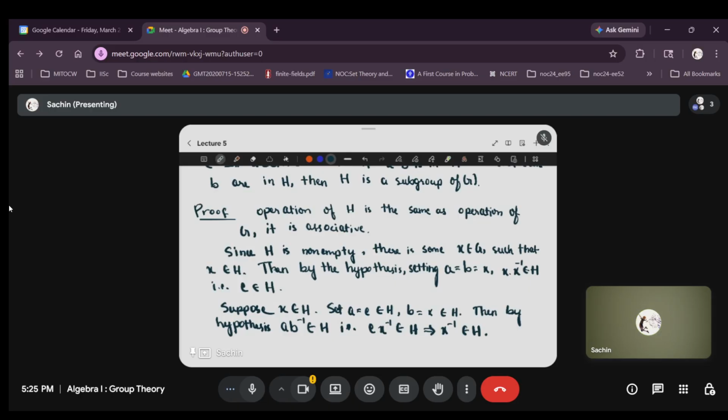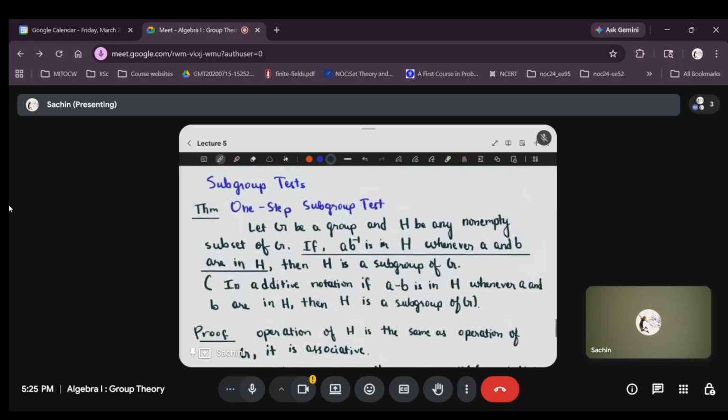How do we show that, using this condition, the underlined condition?